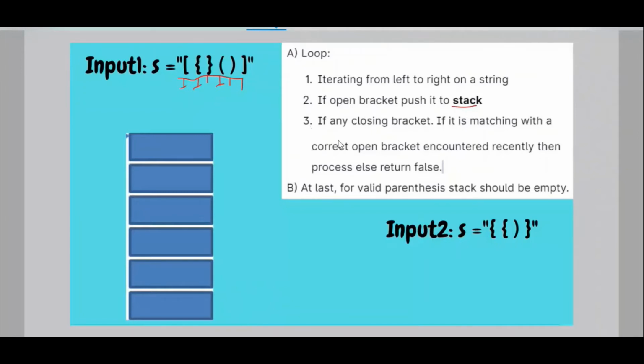So we'll only proceed if it matches correctly, and then we'll proceed further. But after coming out of the loop, if the stack is empty, then it's a true case. This means the full string is valid. There is no combination that is remaining. So that's why if the stack is empty, it's true. Let us try running one example.